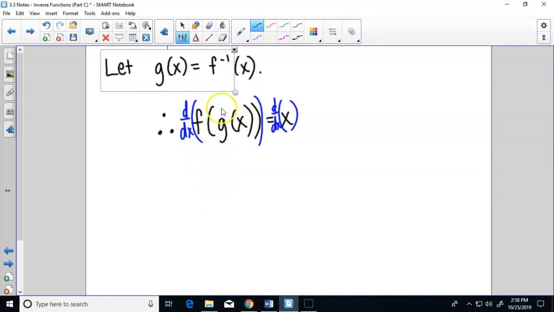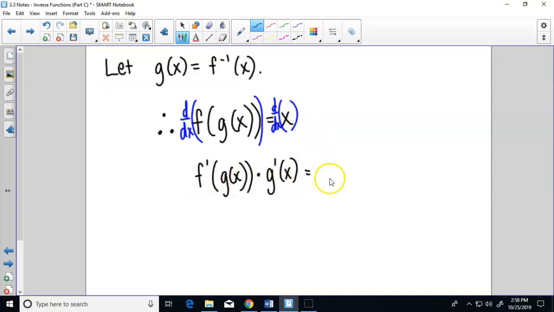I take the derivative of the outside function, f, so I've got f prime of g of x, which stays the same, times the derivative of the inside, g prime of x. It's basically just your chain rule written out. And then I take the derivative of the other side, which is 1.